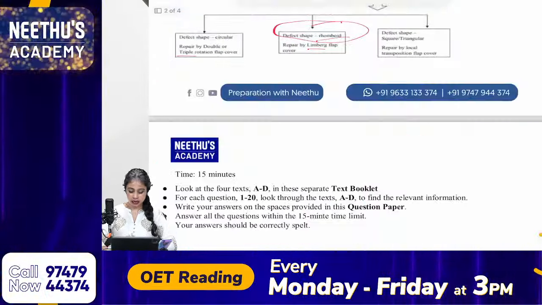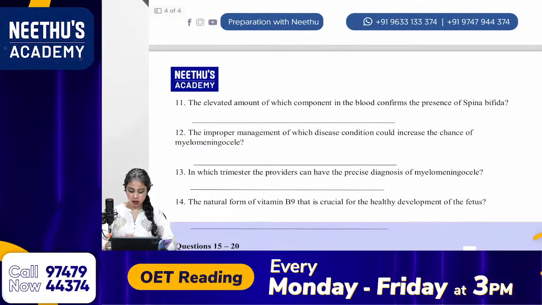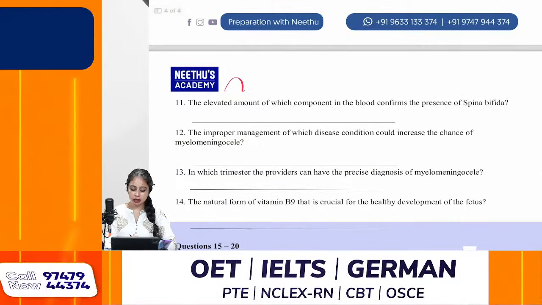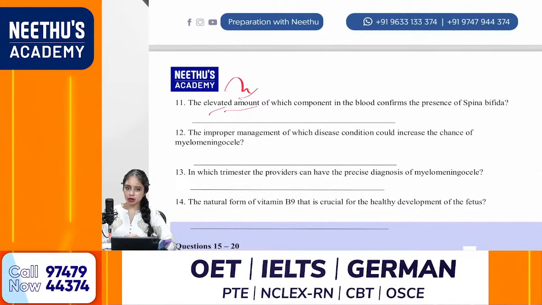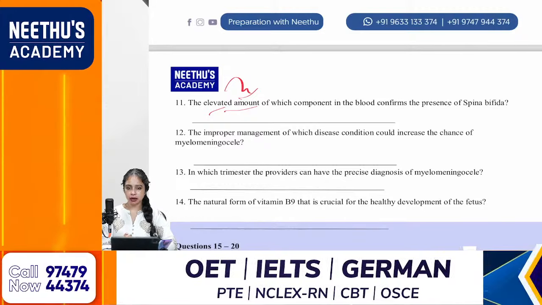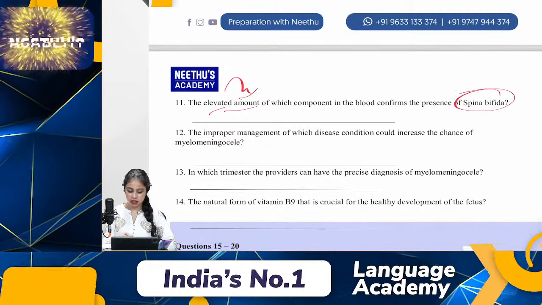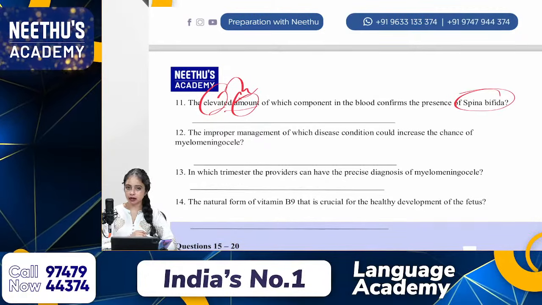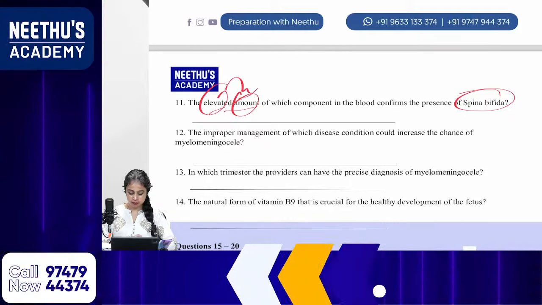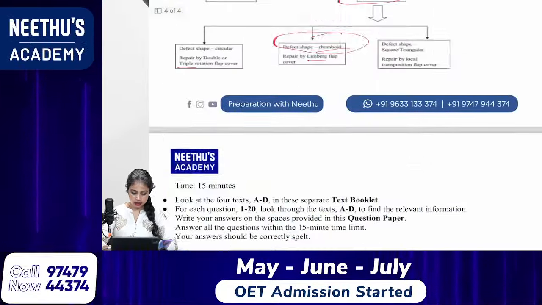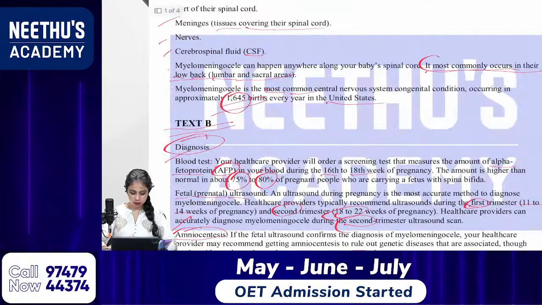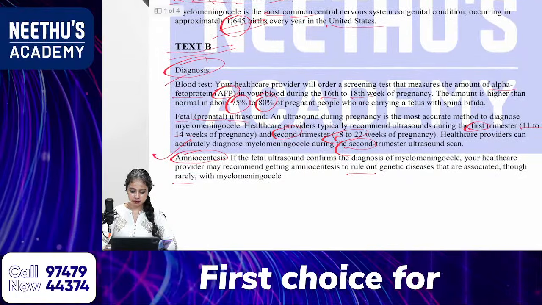Okay, so now the 11th one. The elevated amount, the increased amount of which component in the blood confirms the presence of spina bifida? So my keywords, elevated amount as well as spina bifida. So answer is from text B. What is mentioned here?